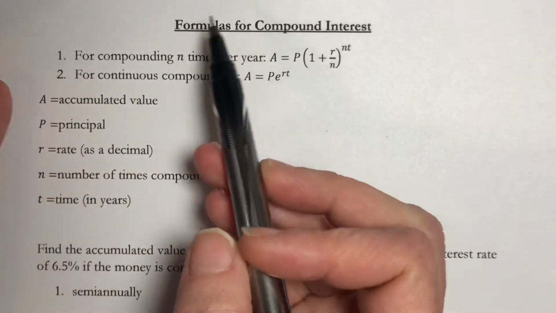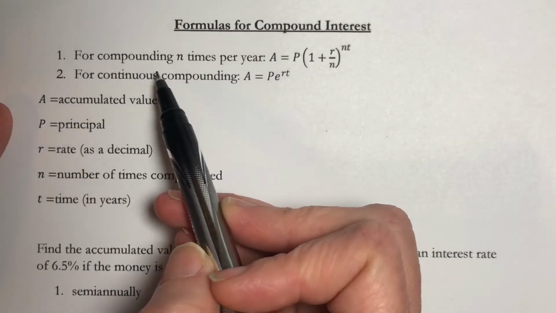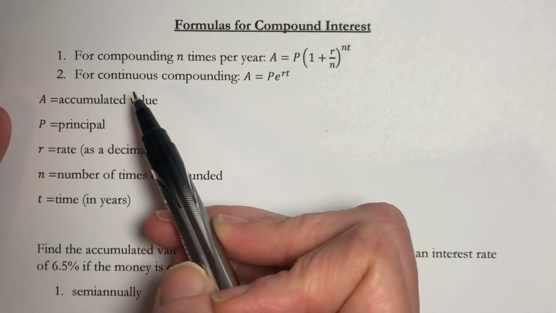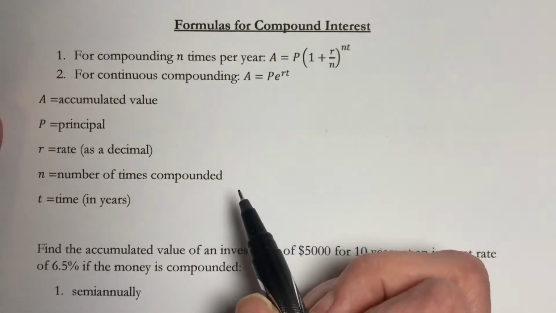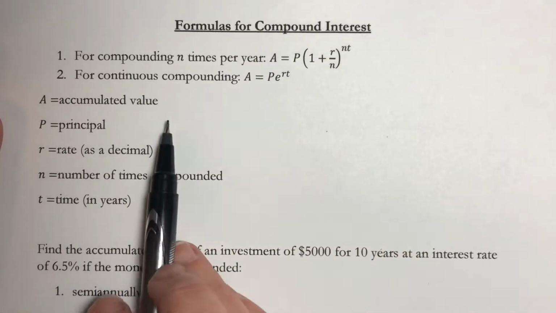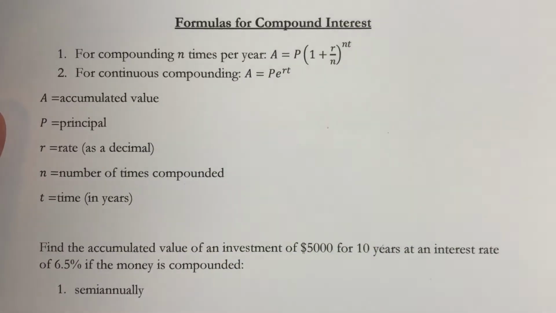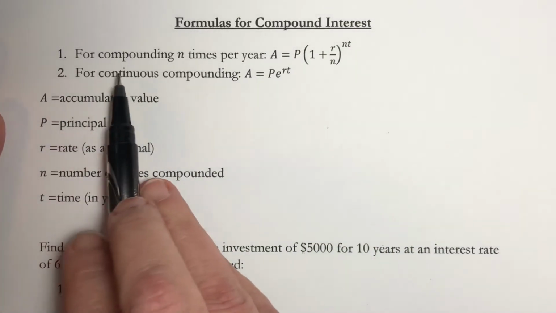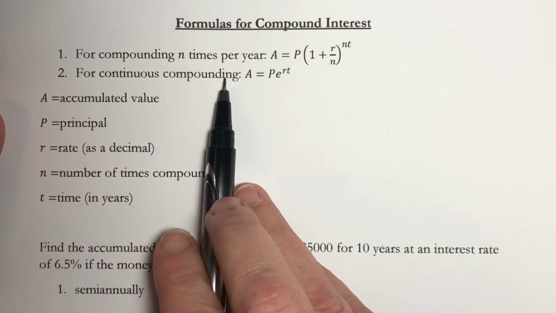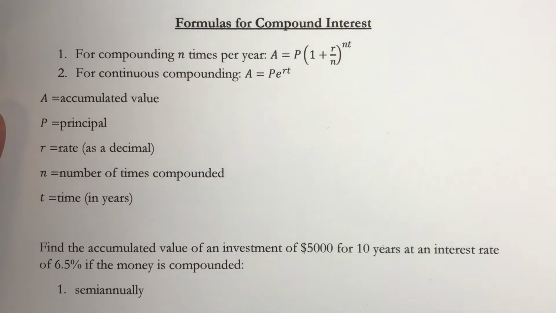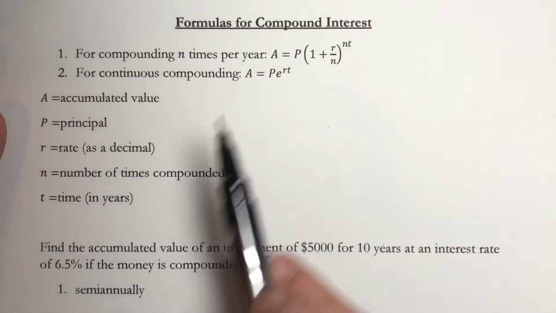So in general, the more times per year that your interest is being compounded, the better off you are. Okay, and it's given by this formula. We'll talk a lot about this in a second. And there is a limit on the amount it can do. So if it says continuous compounding, then basically this is compounding more than every minute, more than every second, more than every nanosecond. It is all of the time, and it has a different formula.